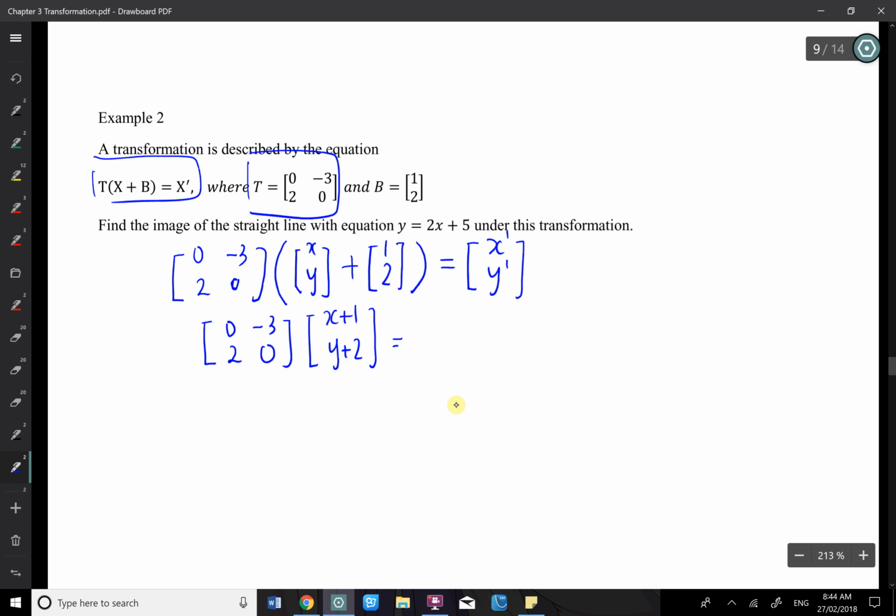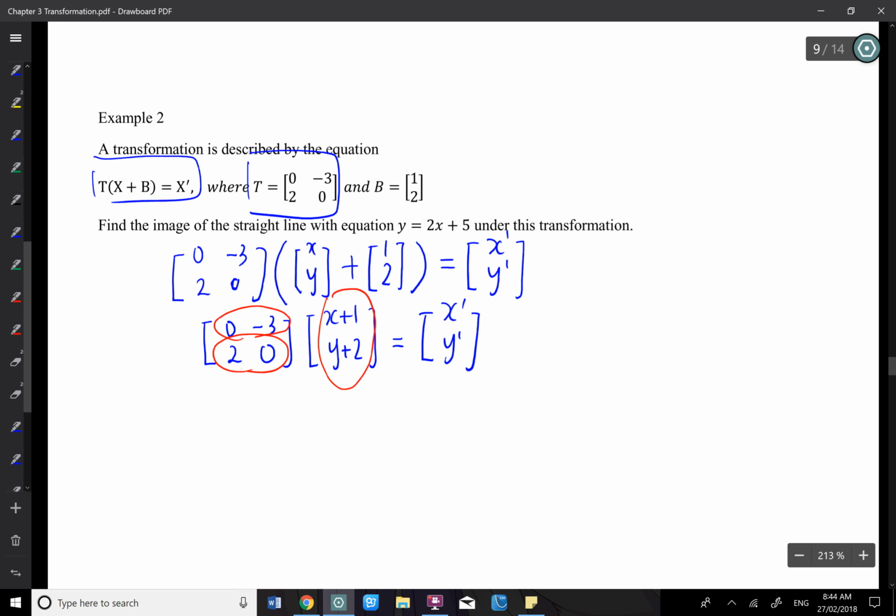But remember, that's still one column. It's just x plus a number. So you use the row times the column. The first one, 0 times that is just 0. -3 times y plus 2 is the first number.